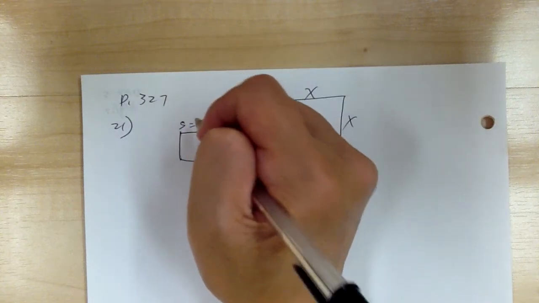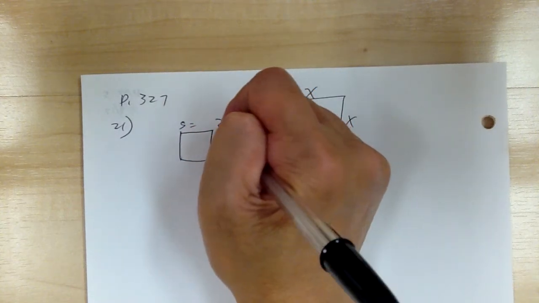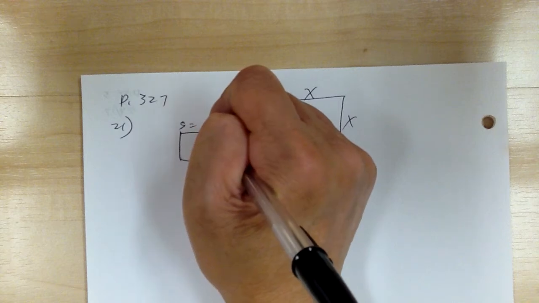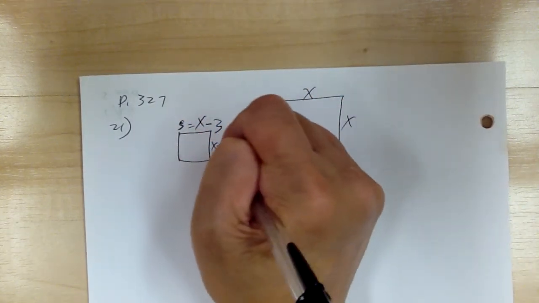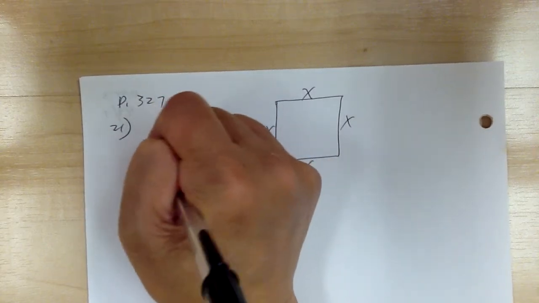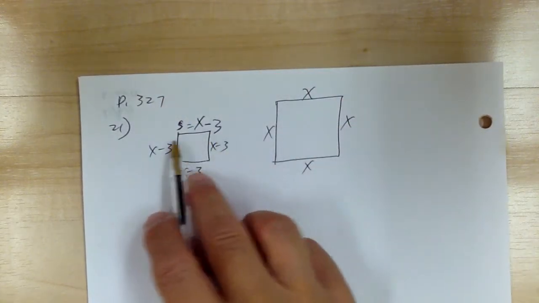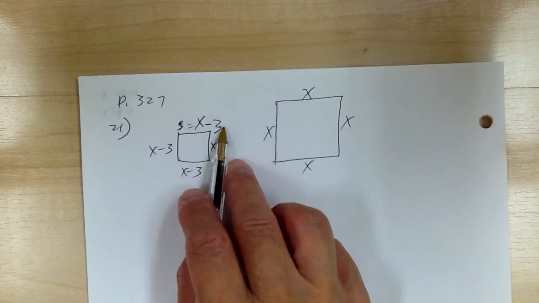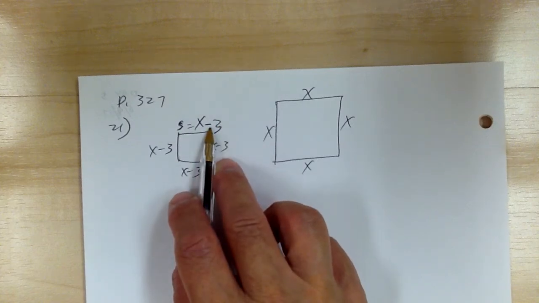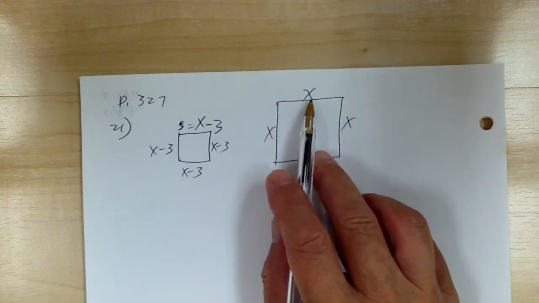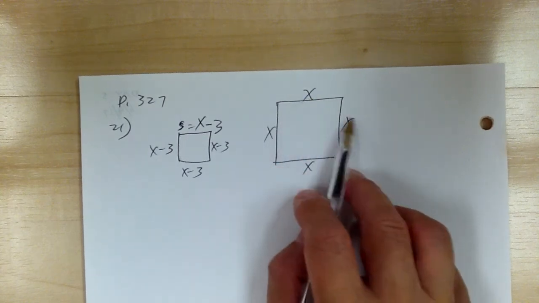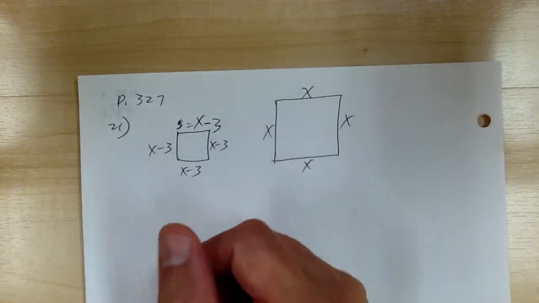Okay, number 21. One square has a side 3 shorter than the side of the second one, which is x. So this is going to be x minus 3. Again, the side is 3 shorter than the side of the second square. Use the second square as your reference, use that as your variable, and that's going to start the translation.